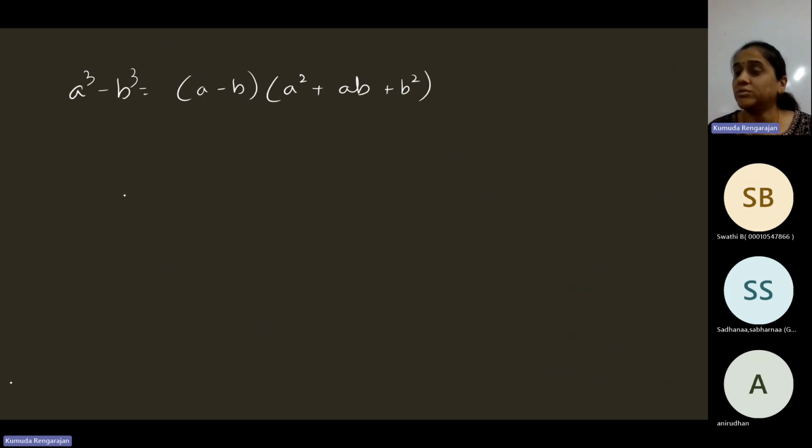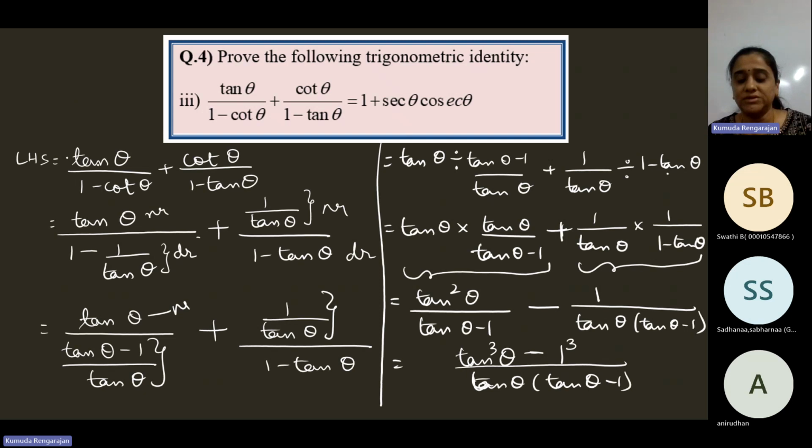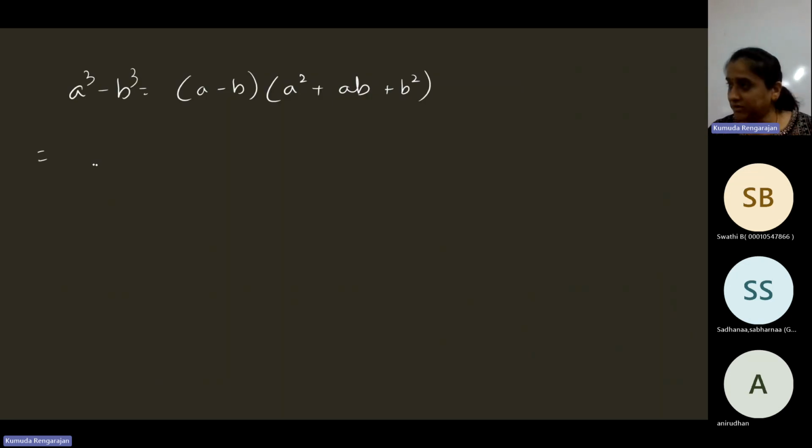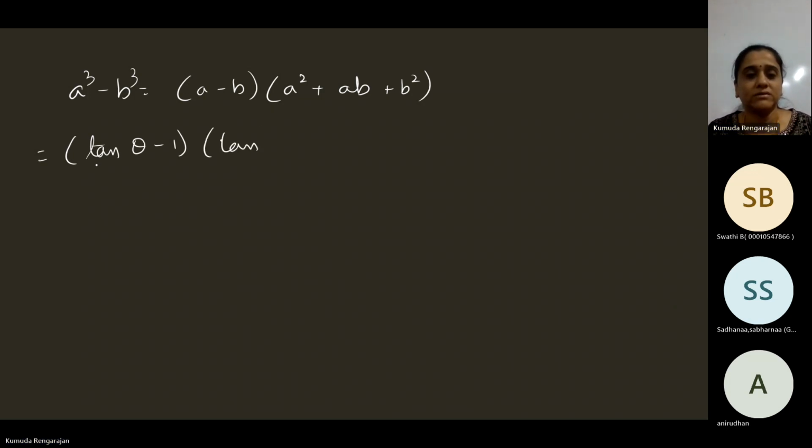A cubed minus b cubed is a minus b into a square plus ab plus b square. So using that, tan cubed theta minus 1 cubed is, what is a there? Tan theta, b is 1. a minus b, tan theta minus 1, into a square plus ab plus b square.